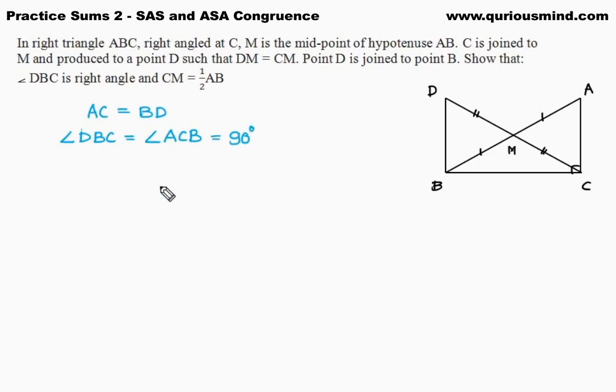So I'm keeping this here. And now we know BC is a common side. And this gives me this here is equal to this. This is 90 and this is common side. So side, angle, side, side, angle, side.